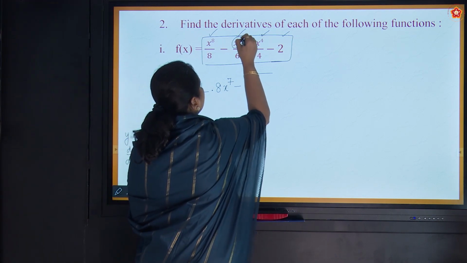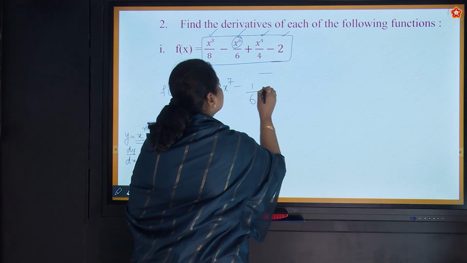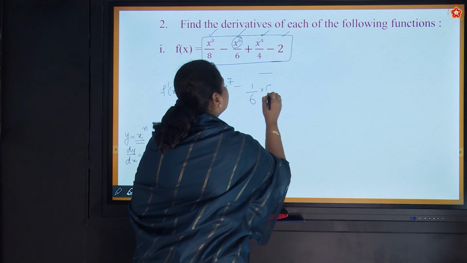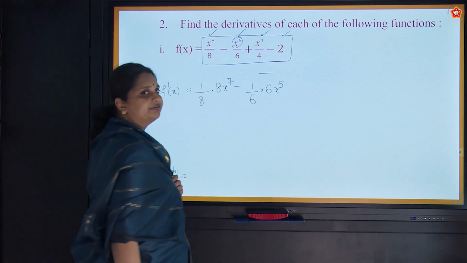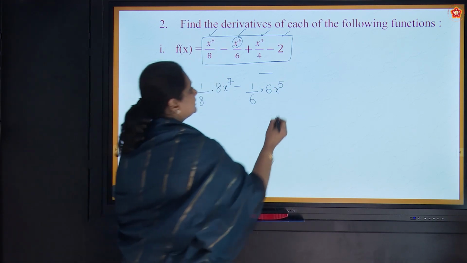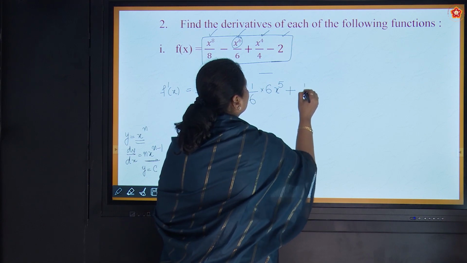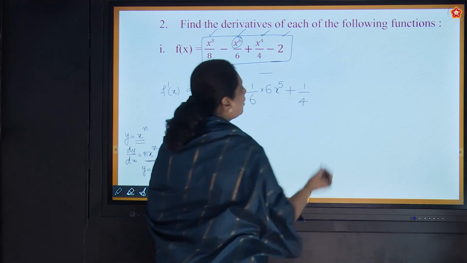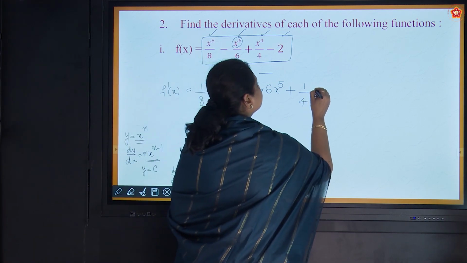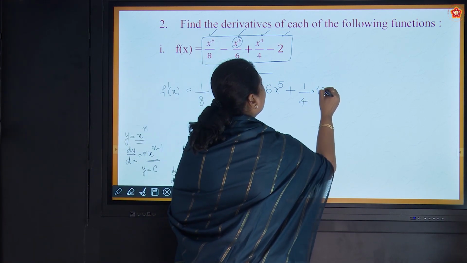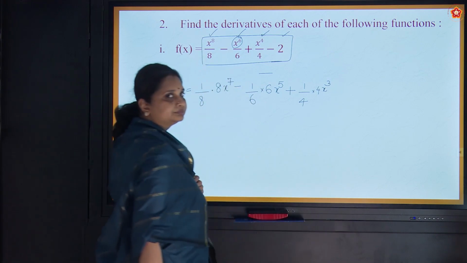Then this x power 6, when I differentiate, it will be 6 x power 6 minus 1, that is x power 5, plus the numerical coefficient is 1 by 4. X power 4 on differentiation gives me 4x cube.